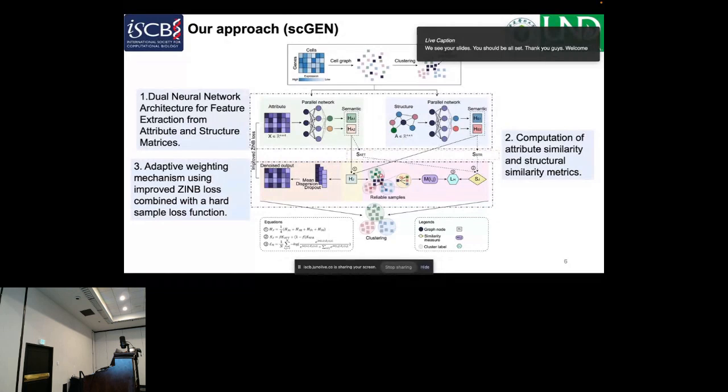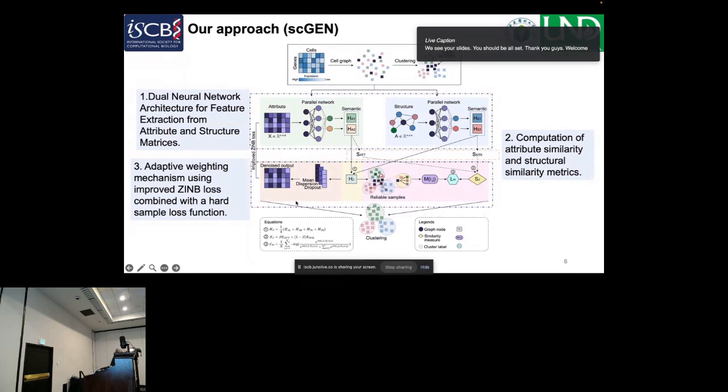Our approach consists of three components. First, we extract features from both attribute and structure matrices using dual neural networks. Second, by calculating attribute similarity and structure similarity, we create a comprehensive representation of cell relationships across multiple dimensions.